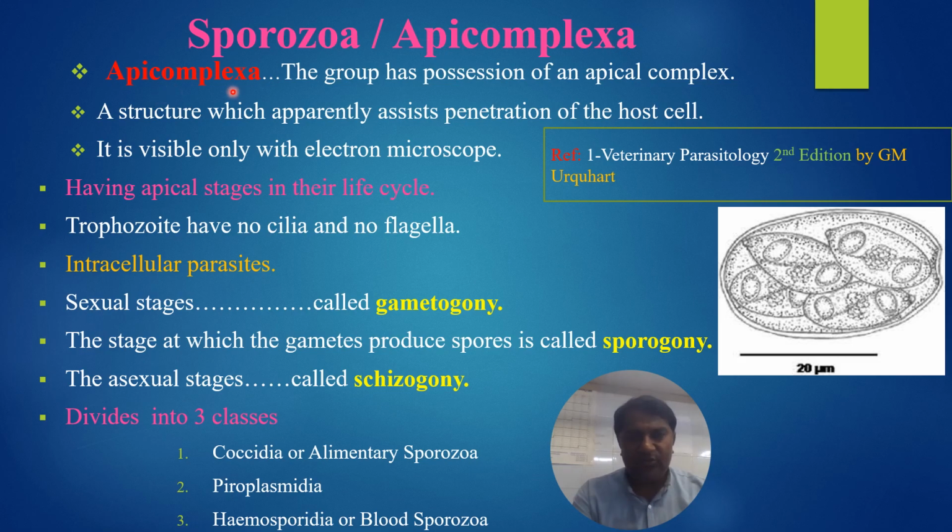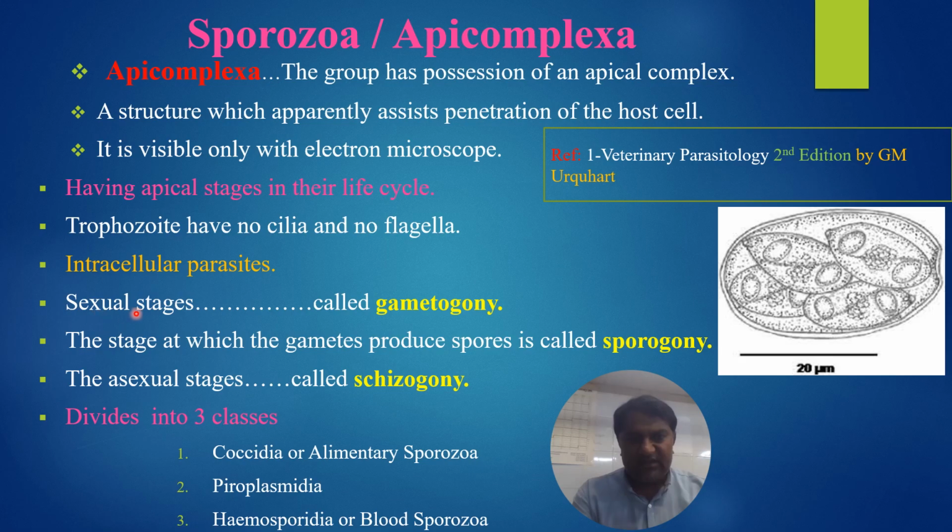What is Apicomplexa? It is a group that possesses an apical complex, a structure which apparently assists penetration of the host cell, and it is visible only with the electron microscope. It has apical stages in its life cycle, and trophozoites have no cilia and no flagella. They are intracellular parasites.